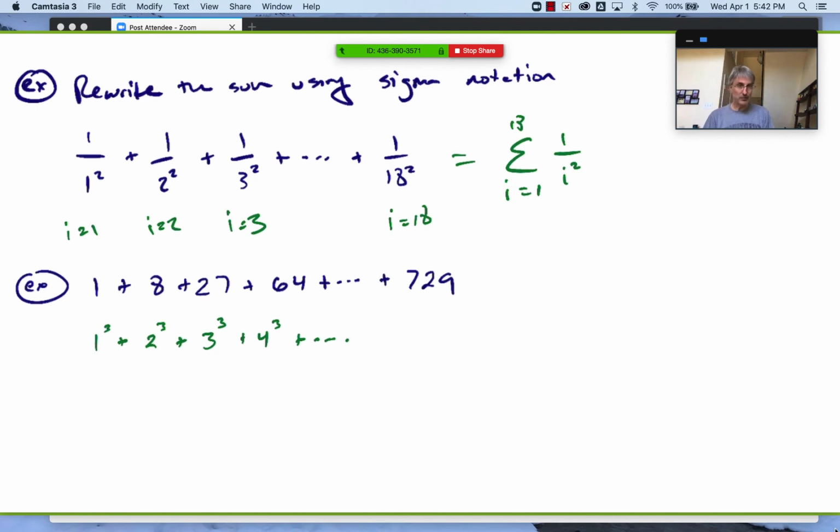You may recognize what number cubed is 729, and if you don't, you can use your calculator and figure out what the cube root of 729 is to see that that last term there is 9 to the third. And so here I'd end up with the sigma notation I equals 1 to 9 of I to the third power.